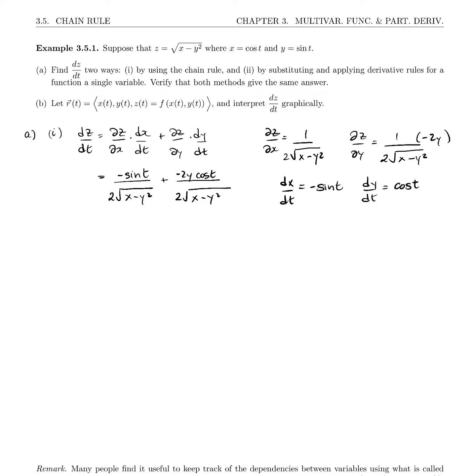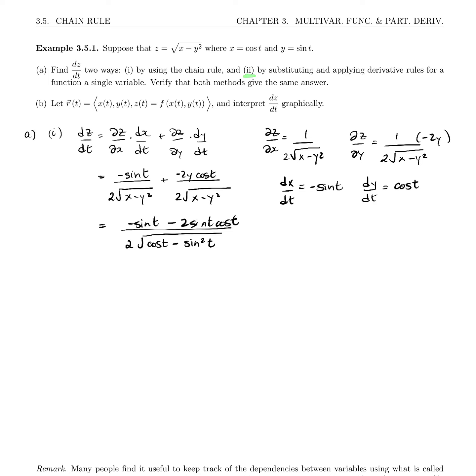Now it's a little strange in our final answer to have x's, y's, and t's all mixed up, so let's substitute in, and we have the same denominator, so we can write this as 2 times the root of, and if we substitute in x as cos t, we'll get cos t minus sine squared t, because y is sine t, and in the numerator we have minus sine t minus 2 times y, which is sine t, cos t.